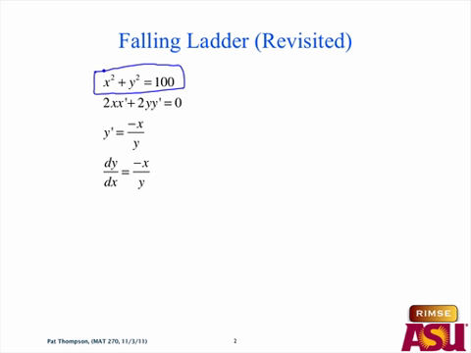So we worked through and we got a rate of change of y with respect to x for that falling ladder. So that was the rate of change of the top of the ladder with respect to how the bottom of the ladder would move. Okay? So given a small change in the bottom of the ladder, this would tell us how fast the top of the ladder was moving down.